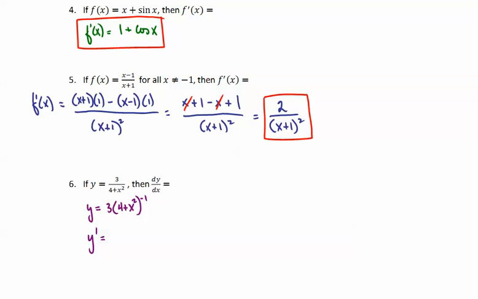So y prime would be equal to negative 1 times 3, which is negative 3, times the quantity 4 plus x squared to the negative second. We reduce the exponent. Then we still have to multiply by the derivative of the inside, which is just 2x. Now we can simplify a little bit, and we get negative 6x over 4 plus x squared, quantity squared, and that does it for this problem.